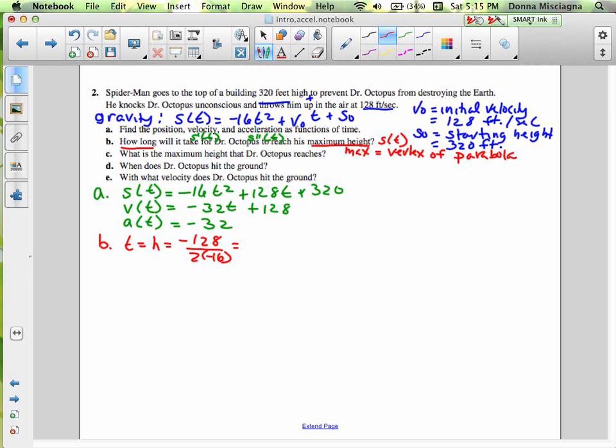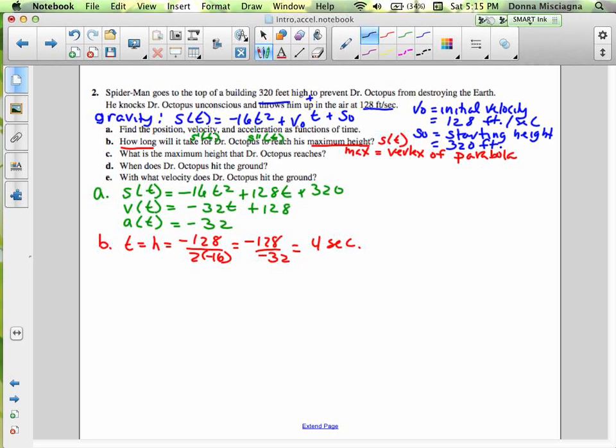So that's going to be negative 128 divided by negative 32. Using a calculator, that is four seconds. 4 seconds he'll reach his maximum.